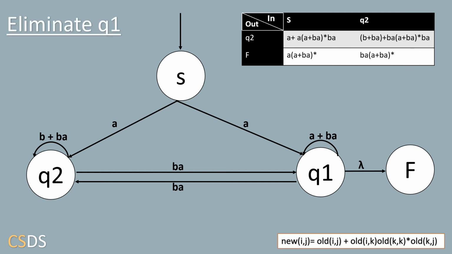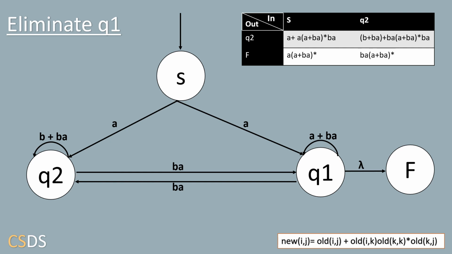We'll do the same process as we did for the elimination of state Q0, but this time for Q1. We'll build a table where the first row will have the states which have transitions going into Q1, and in the first column of the table we'll have all the states which have a transition coming out of Q1.